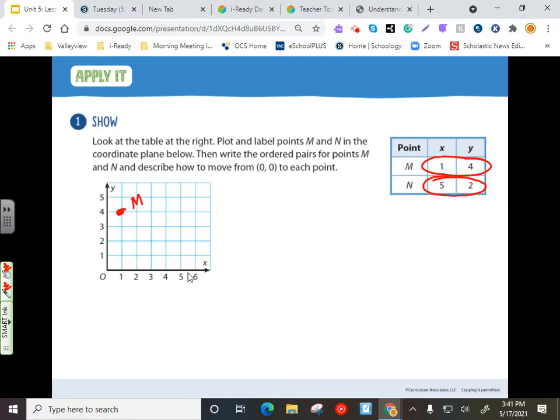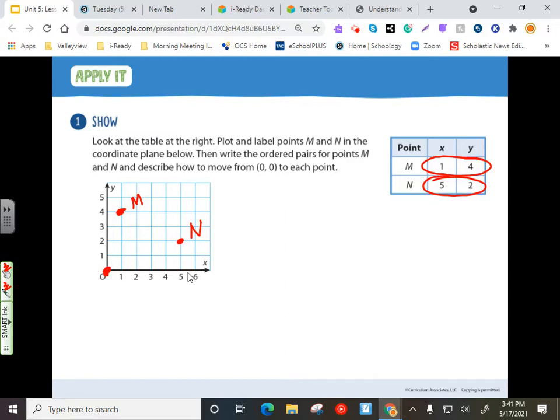And I'll put my M right there. And then N is 5, 2. And there's that. So it says write the ordered pairs for points M and N and describe how to move from 0, or our origin, which is right here, to each point.